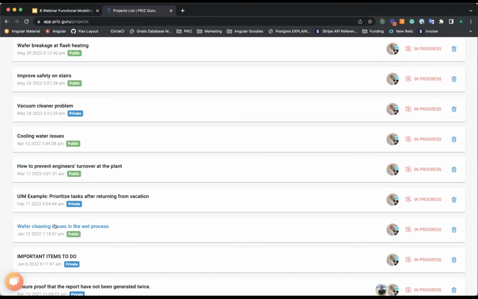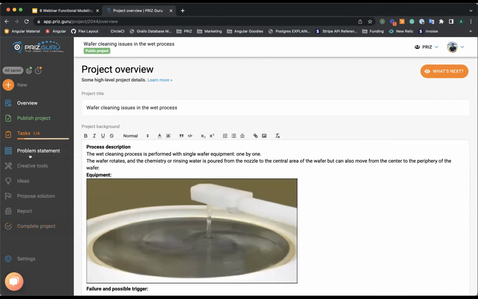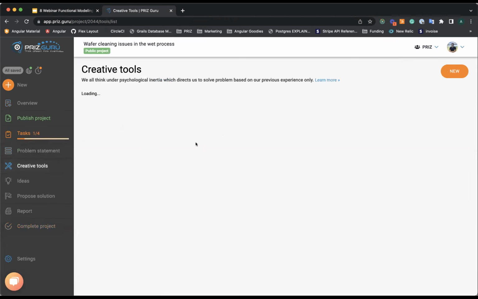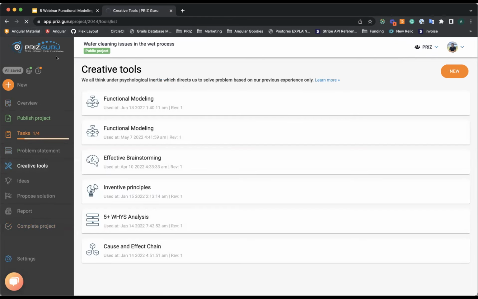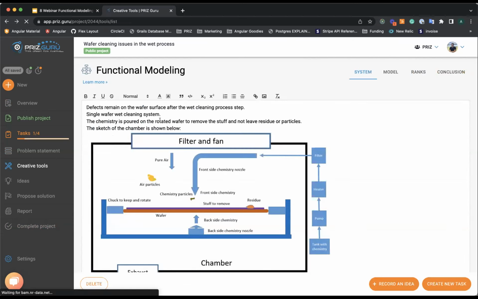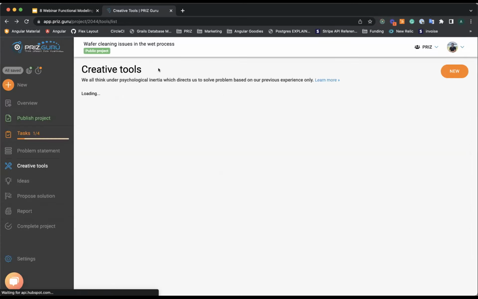Here you build the functionality of your system, and this is just fantastic. Very strong. Try this, and feel free to call us if you need some help and explanation. It's a very strong tool.